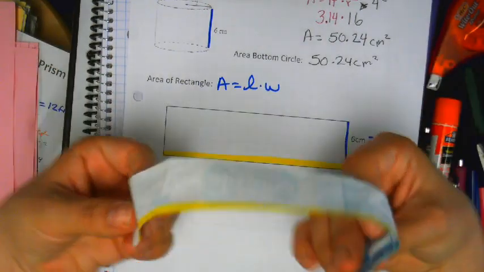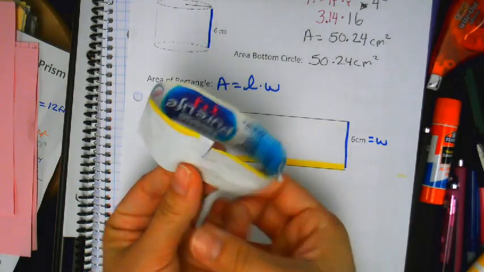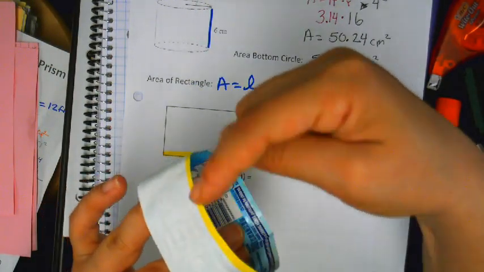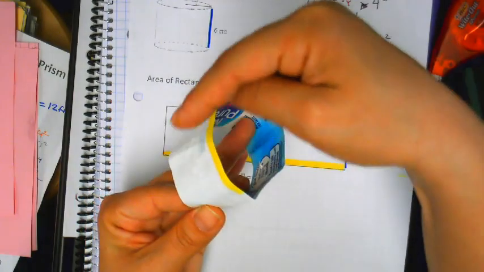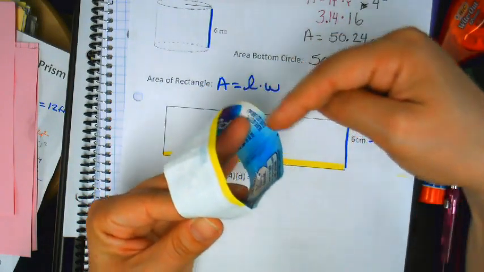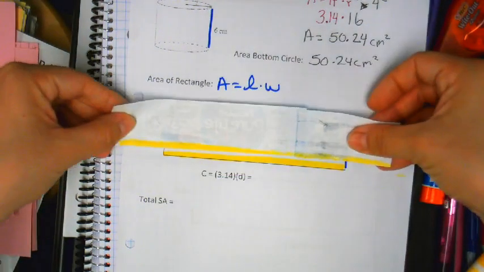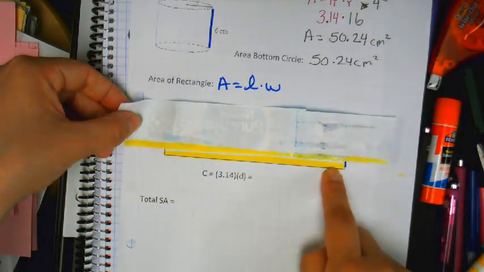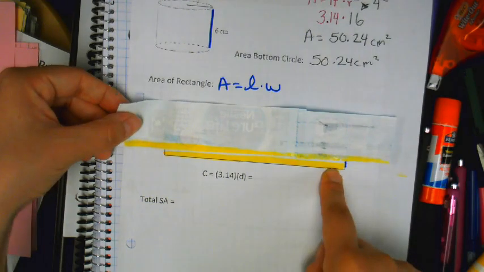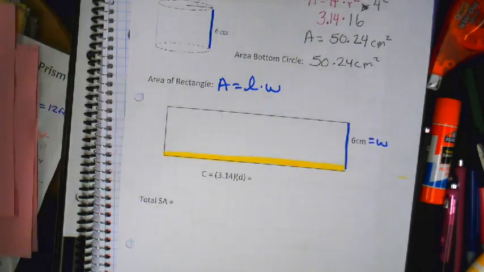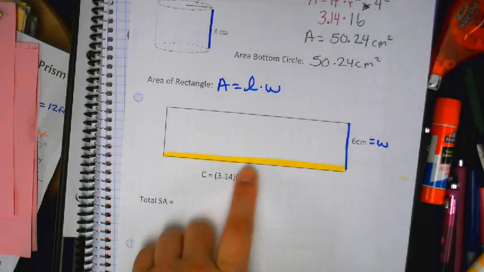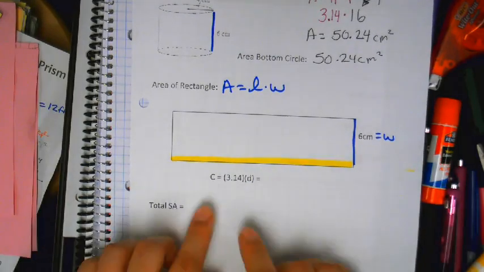So this part that's highlighted in yellow, it's a circle, right? It's a circumference. It's the perimeter. But when I open it up, it's this part of a rectangle, the length. It's like magic. Anyways, so this is the length, this part. But it's also the circumference of a circle.